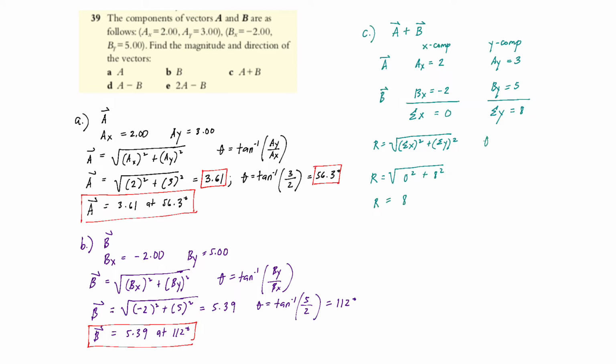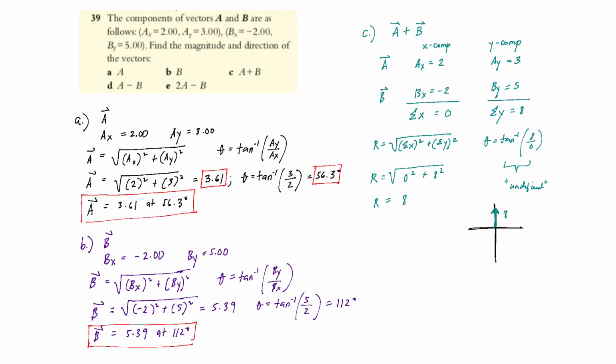But if you apply the arctan of 8 over 0, this one is undefined, right? So we'll go to our best intuition. If I graph it, the 8, which is 3 plus 5, will point here. So this would be 8 units, simply because the summation of y is 8 and the summation of x is 0.